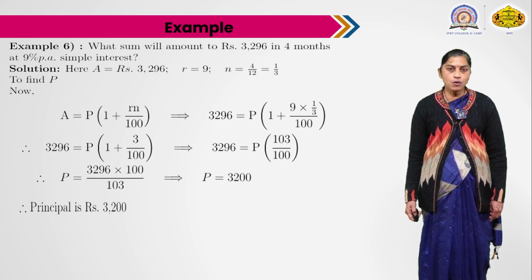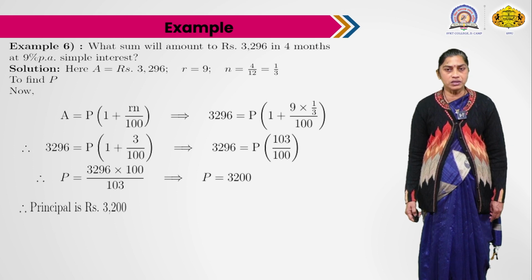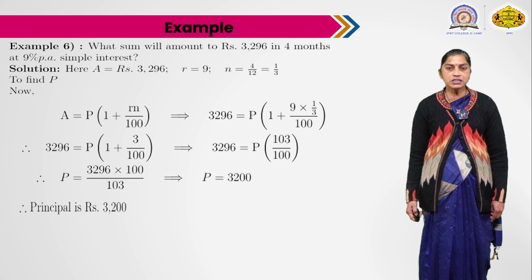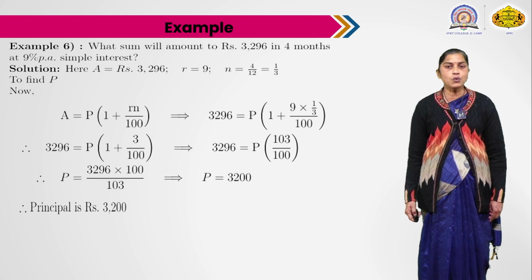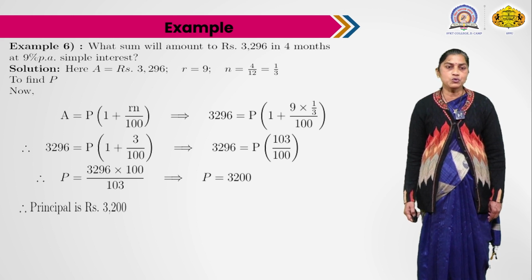We have given amount A, that is 3,296, R, that is rate of interest, given to be 9% per annum, and n, that is term, given to be 4 months. Because we want n in years, we will convert this month into year, that is we have to divide by 12, as 1 year is equal to 12 months, and therefore n comes to be 4 by 12, that is 1 by 3.